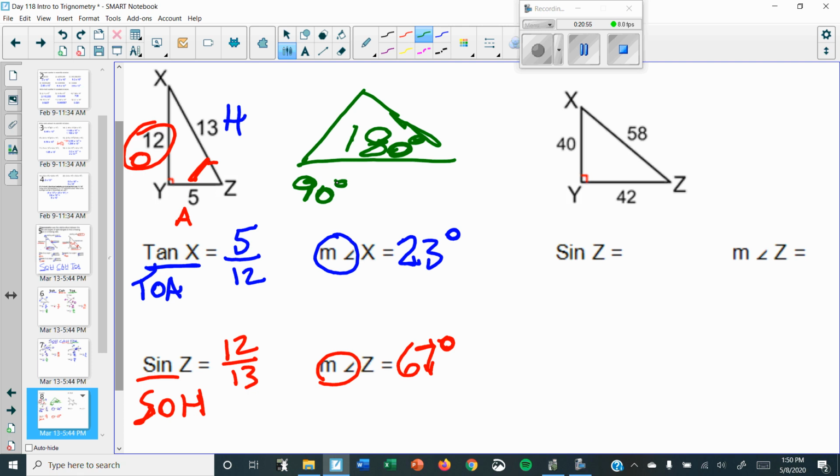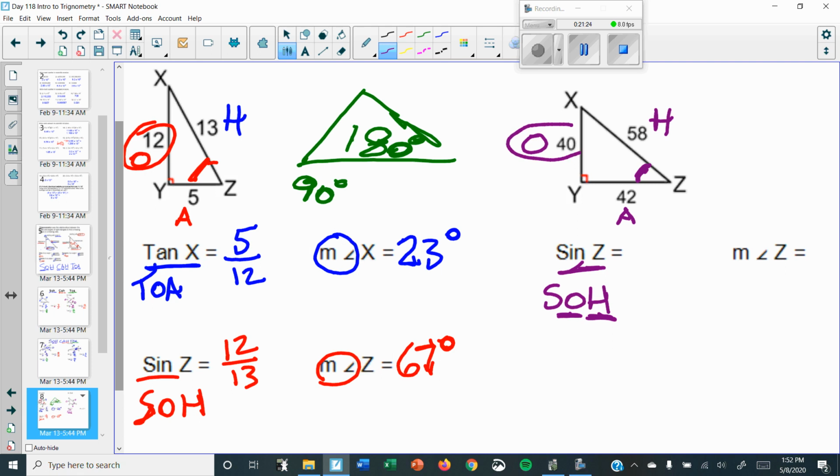Okay, let's answer this question. Sine of z. So draw it at z. So let's label the sides. Again, hypotenuse, because it's across from the right angle. What's z looking at? Z is looking at 40, so it's the opposite side. And the remaining side is the adjacent. Now, if we want sine, we want the SO. So we need the opposite and the hypotenuse.